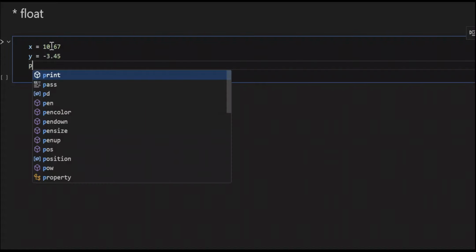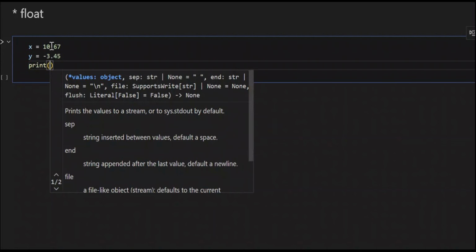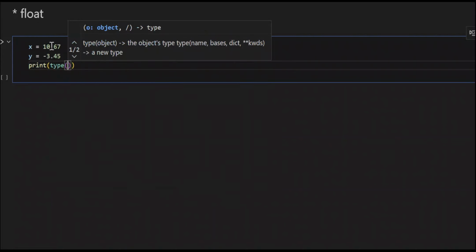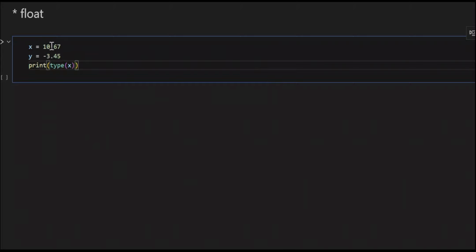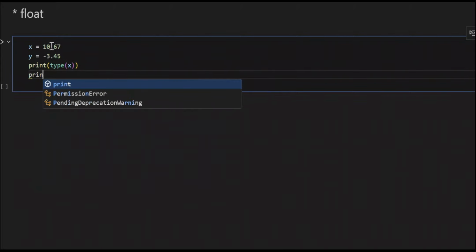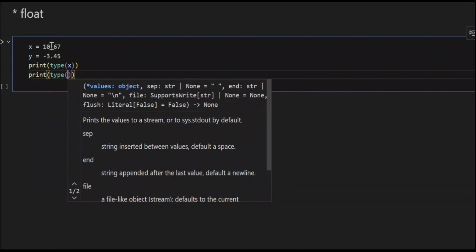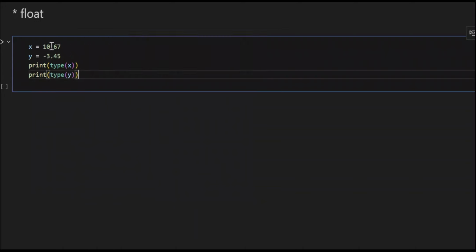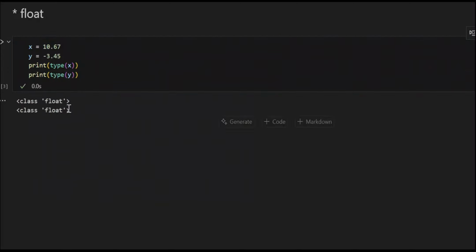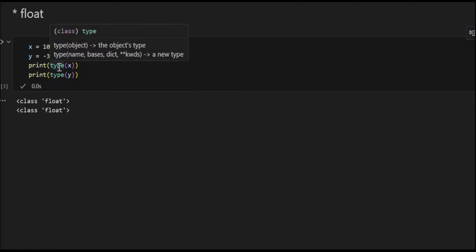Now I'm printing, print type of x. Next, print type of y. See what's the output. Both are float. Both negative and positive numbers can be float values. Okay. Next, I'm going to the complex.